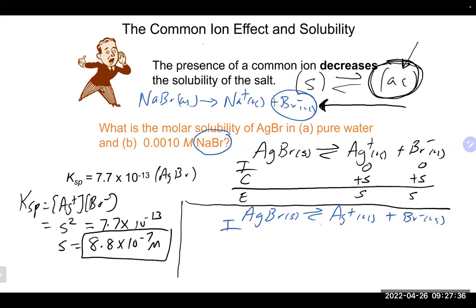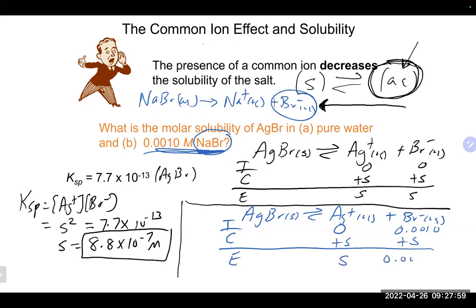Initially we would have 0 silver, but because bromide is present, we would have an initial concentration of bromide coming from the sodium bromide. It's going to be supplying that. The rest of the table will be similar, plus S, which means at equilibrium, S and 0.001 plus S.